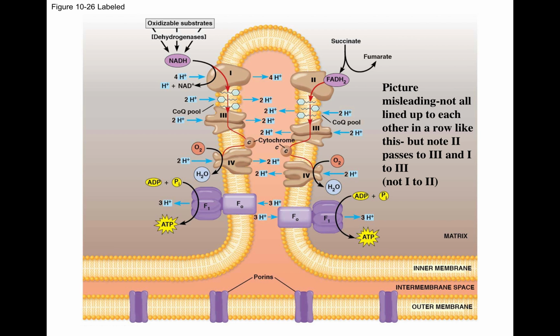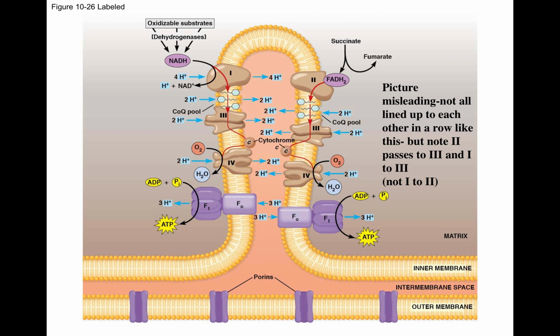We talked about the electron transport chain on the mitochondrial inner membrane and how highly reduced electrons on electron carriers NADH and FADH2 enter the electron transport chain at different points.